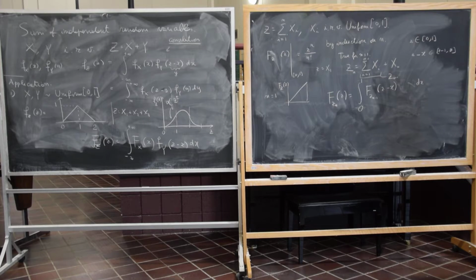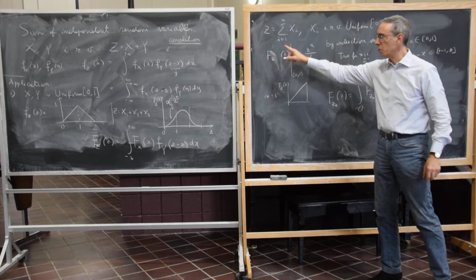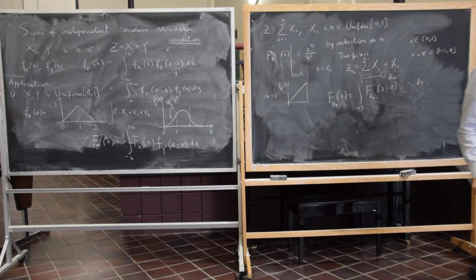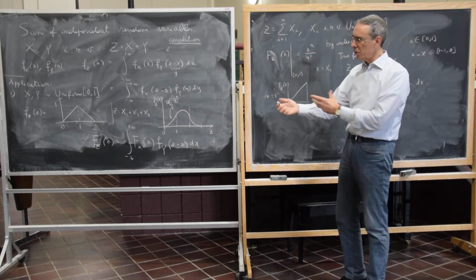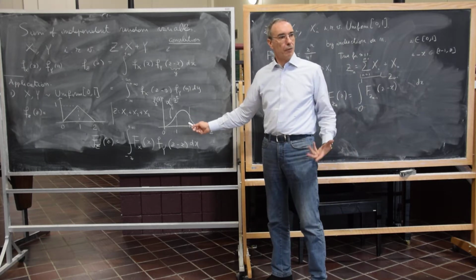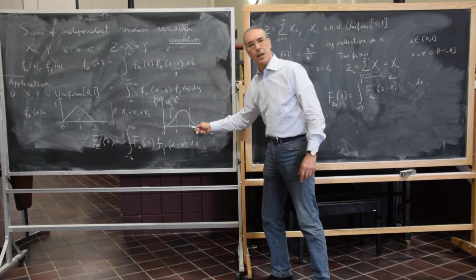Why does z belong to 0, 1? Because what we want to prove is that this distribution function of z is equal to z to the n over n factorial only in the first part. You see, when you do this convolution, the functional form of the convolution changes according to whether you are in the first interval 0, 1, or in the second, or in the third.